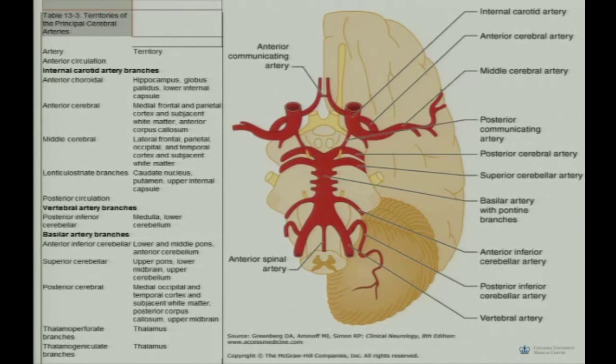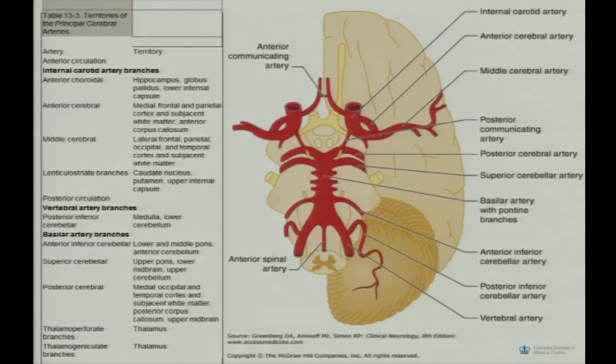But basically, for both embolic and thrombotic strokes, the manifestations are going to be completely determined by the area of vessels involved. And so these strokes can be categorized based on sort of forebrain areas, hindbrain areas.